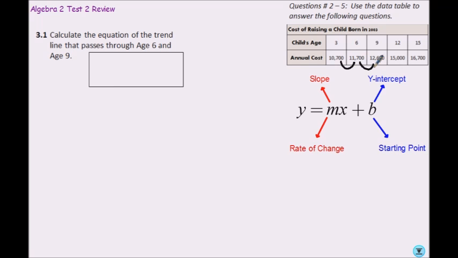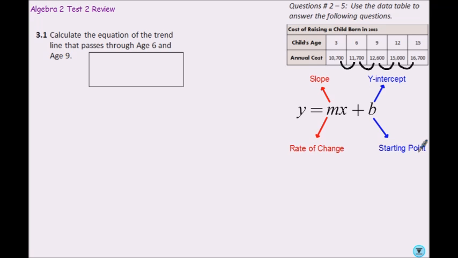It's getting more expensive as the kid gets older. But what the slope is telling me is the rate of change. How much is it going up by? That's really all I want to know: how much is it going up by each year the kid gets older, and what's it start at? Because we started the table at 3, I want to know what it's going to cost me when it's a newborn. So that's what we want to figure out.